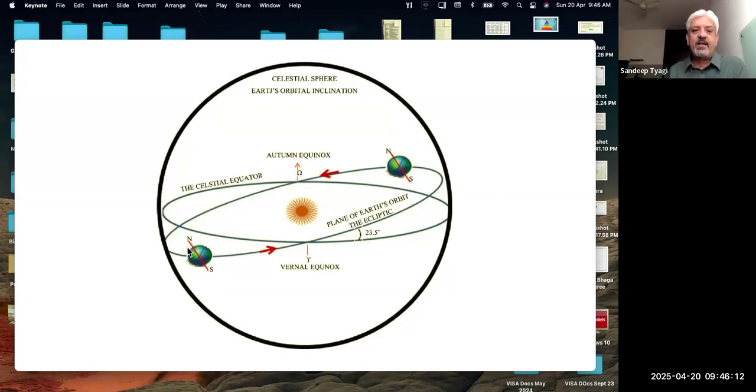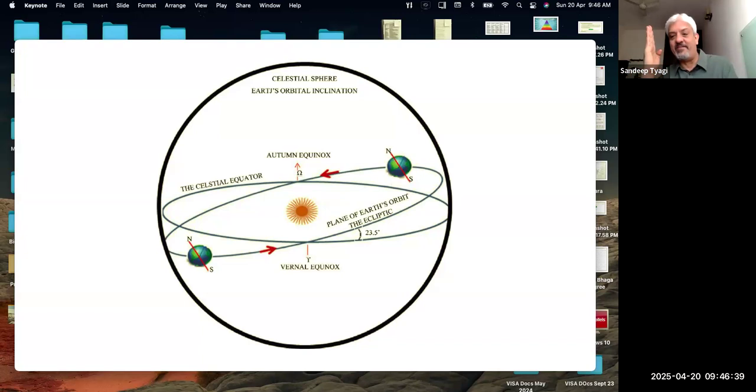This tilt is from where it was originally, let's say thousands of years ago. And he said that it's taken 26,000 years or so for the Earth to tilt in all the directions that it has, and it continues to tilt over a period of time. What we are interested in is, of course, whether this tilt creates an observational shift.